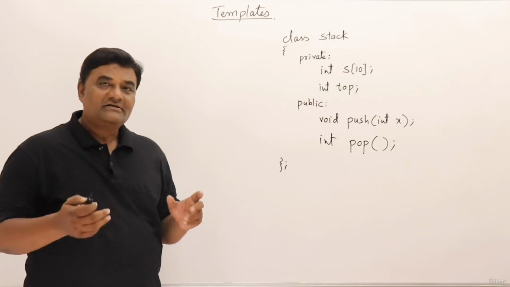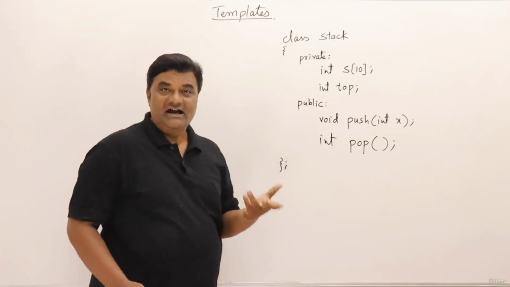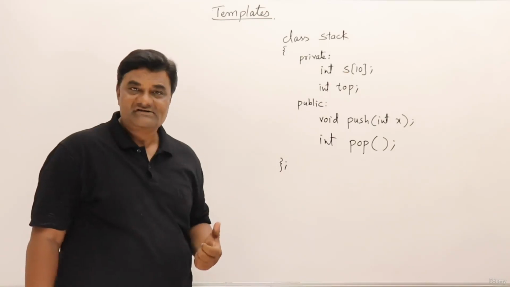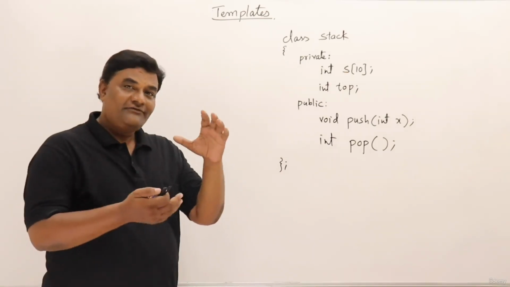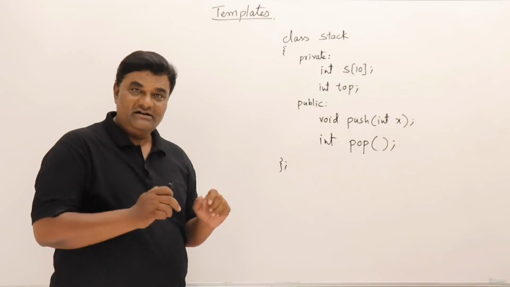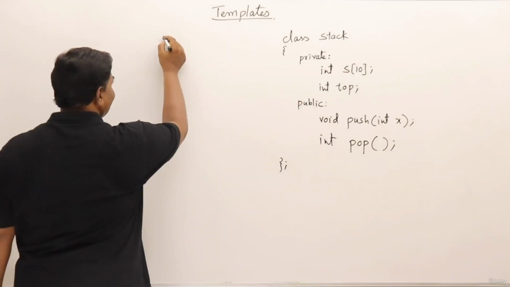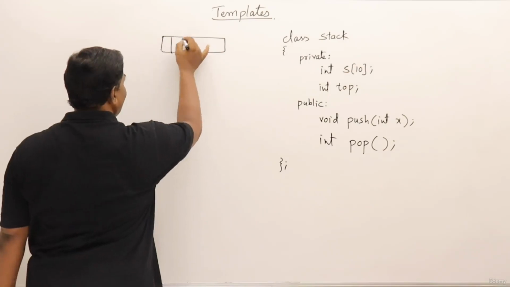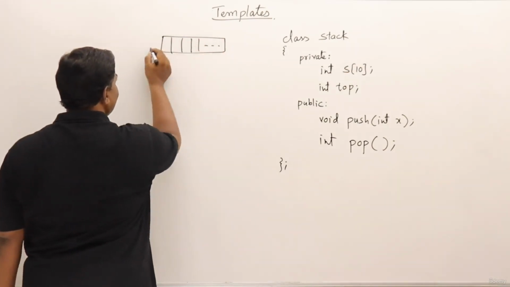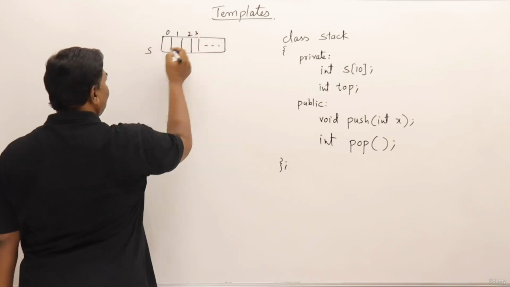Now let us look at template class. So for that I have taken an example class stack. I guess you already know what is a stack. It's a data structure. So for a stack, if I am writing a class and I am implementing a stack using array. So for implementing a stack, I have taken an array, that is array of size 10, whose name is S. And also I have a top pointer to point on a particular index.